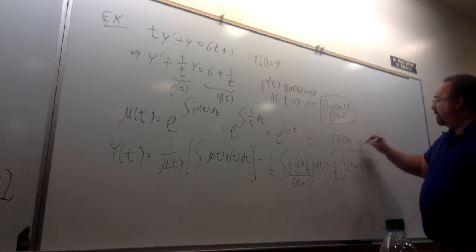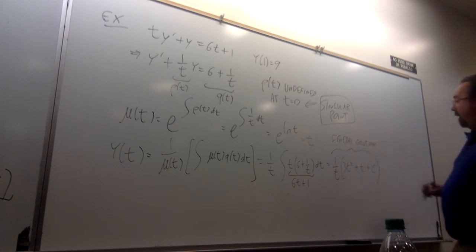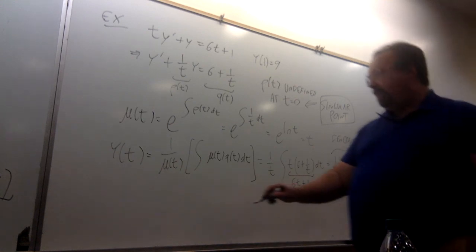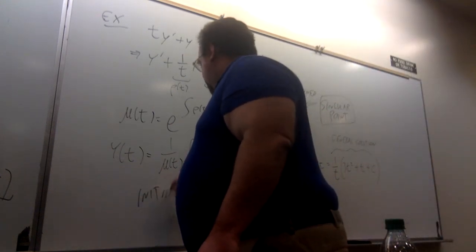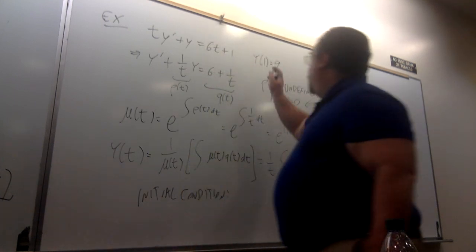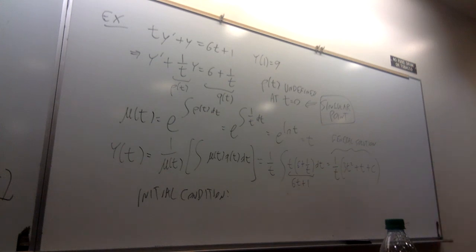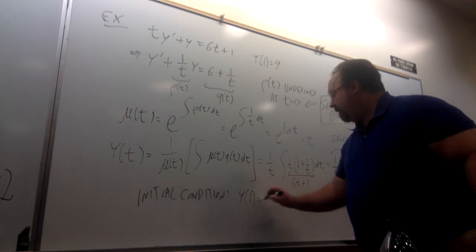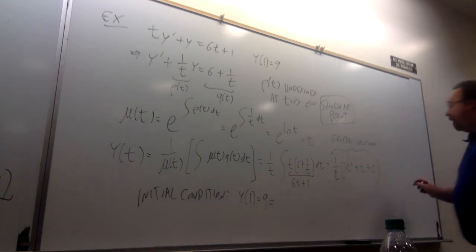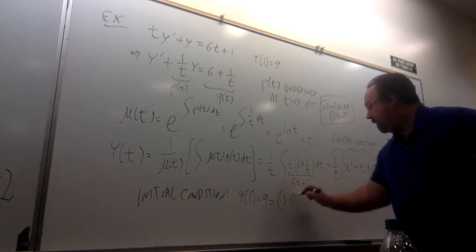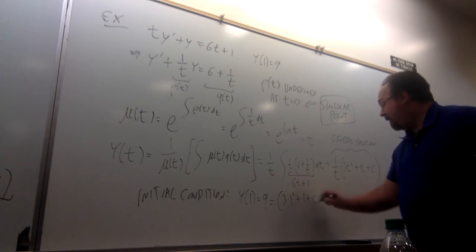That applies with whatever initial condition. But now we have to enforce the initial condition. So we set t equal 1 and y of t equal to 9. So y of 1, which is 9, is equal to this with t equal 1. So I have 3 times 1 squared plus 1 plus c.